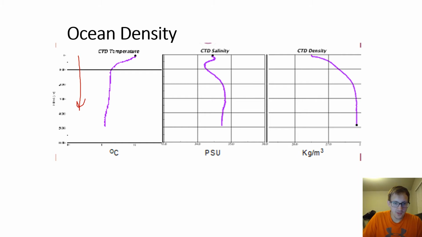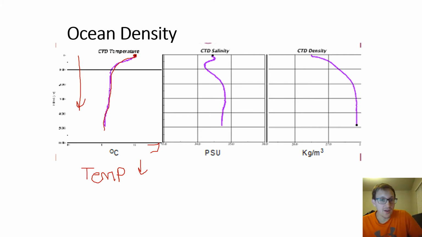As you go down in depth, the temperature also goes down. It's not drastic, but notice that the surface temperature was this hot, and it steadily goes down and it reaches a point that it kind of continues to go down, but a lot less once it hits that certain point of depth.